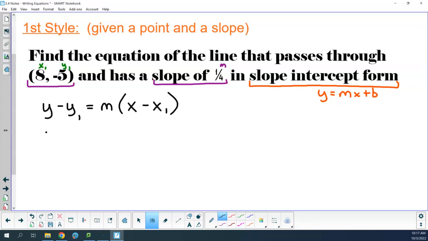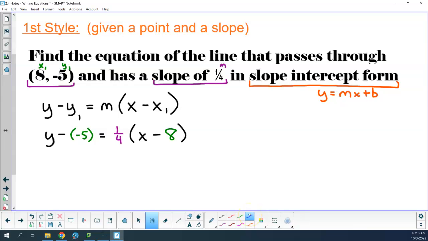So then this becomes y minus negative 5 equals 1/4 times the quantity x minus 8. It said to put our answer in y equals mx plus b form, so that means we need to solve for y.